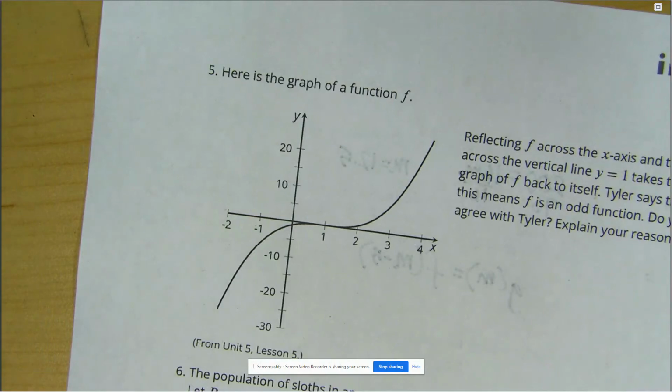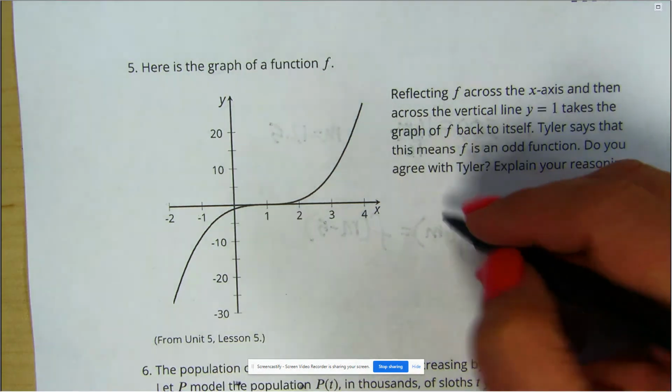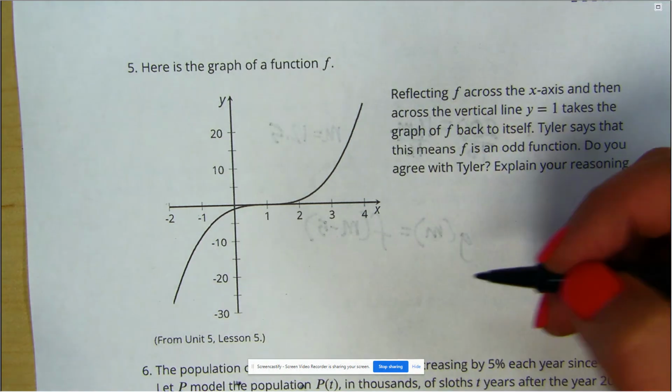All right. Here's a graph of the function f, reflecting f across the x-axis and then reflecting across the horizontal line y equals 1 takes the graph of f back to itself. Tyler says this means that it is odd. Do you agree? In order to be odd, it's a reflection across the x and the y.